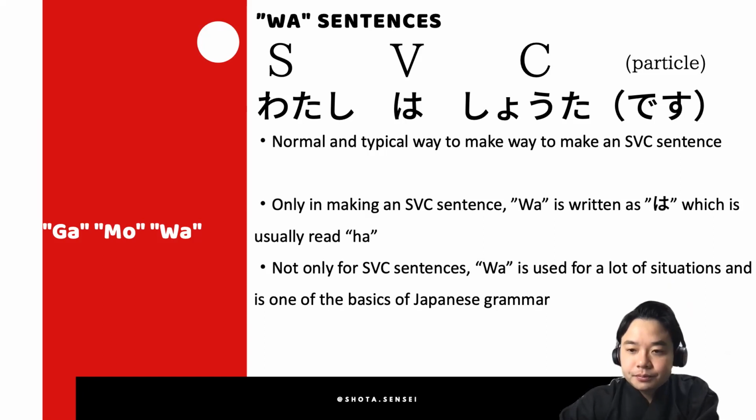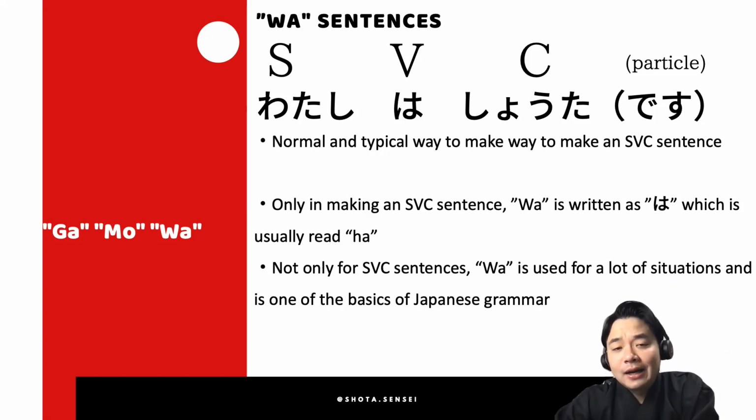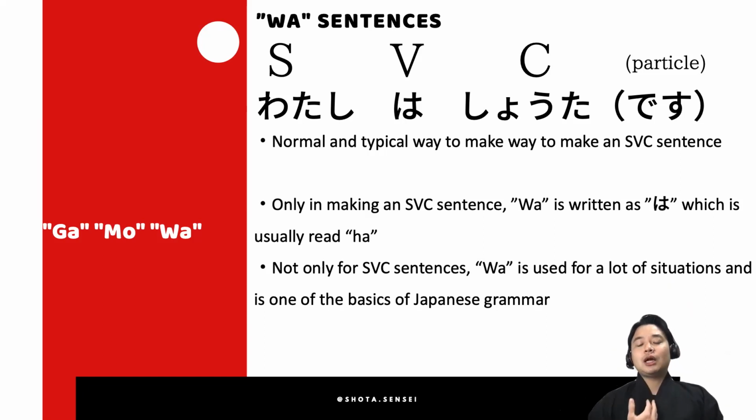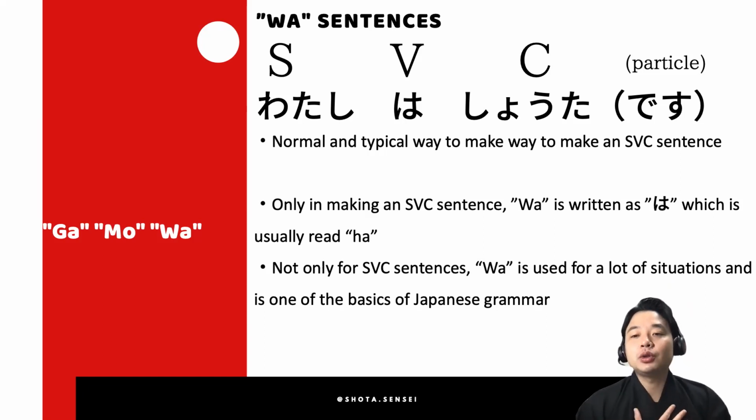All right. So first, you don't necessarily have to use the particle at the end of each sentence. It makes sense enough even if you just say, 私はShota. 私はShota. That means I am Shota.